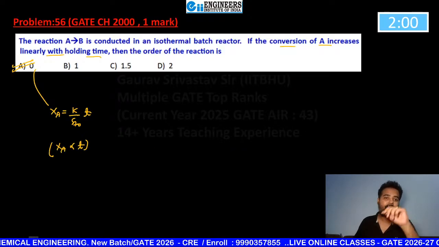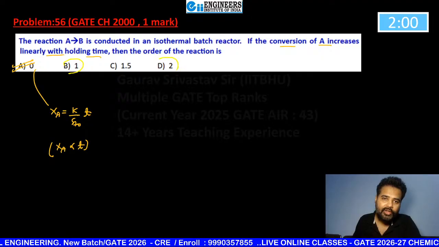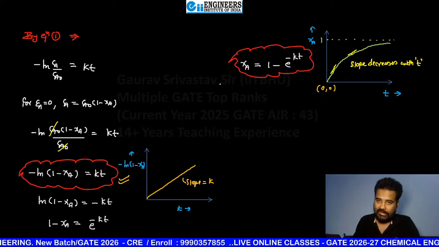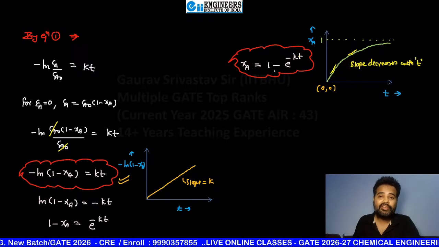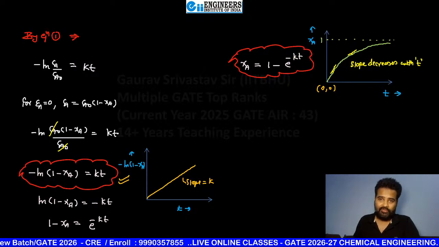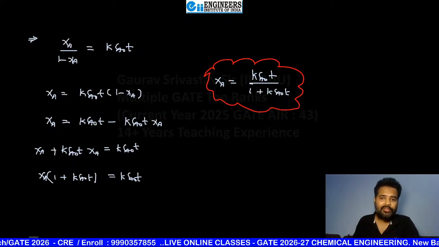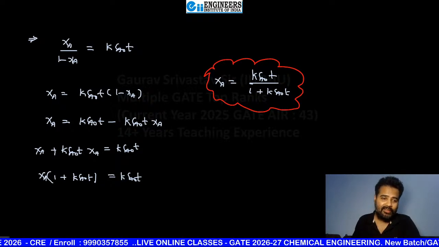If you are thinking for first order or second order, then now you have equation C. Clearly conversion is not directly proportional to time. This is an exponential function, so first order is not correct. In similar manner beta, you got for second, here also conversion is not directly proportional to time.